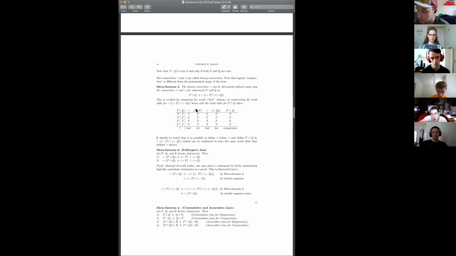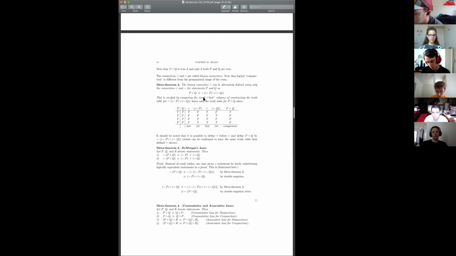Now that I've got these figured out, the OR is the next middle one. So now I do an OR based on these two columns. I have F and F, but the OR, that's an F. Here I have F and T, that's a T. Here I have a T and an F, that's a T. Here I have a T and a T, that's a T. So if I only had this and not a not in front of it, this would become the truth table.